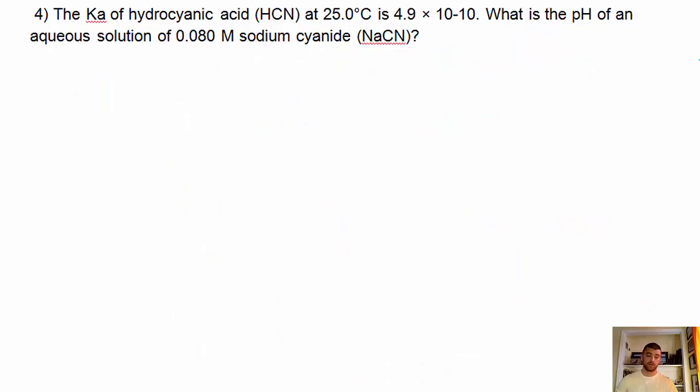Alright, 4. The Ka of hydrocyanic acid at that temperature is this. What is the pH of an aqueous solution that has 0.08 molar sodium cyanide? So again, the sodium cyanide is going to dissolve to give you the cyanide ion, which will react with water to give you the hydrocyanic acid, HCN, and the OH minus.